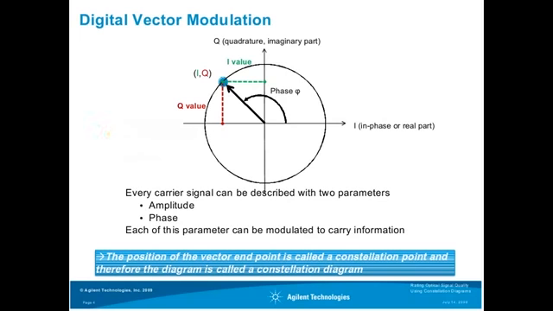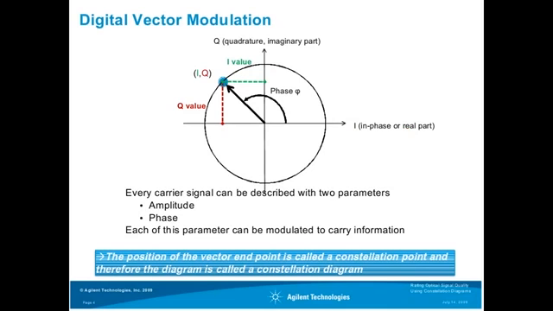So what you see here is a representation of a carrier signal, which is represented by amplitude and phase. Here it is displayed in the polar plane. You can also describe this plane by an X and a Y value, which is called in this case the in-phase or the real part, and the quadrature or the imaginary part.